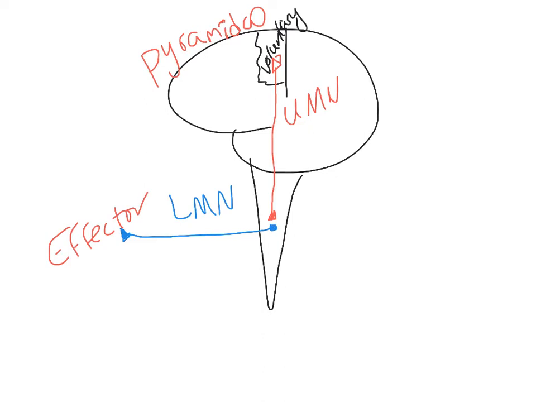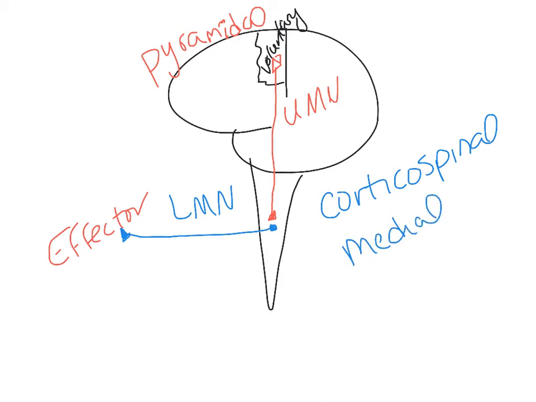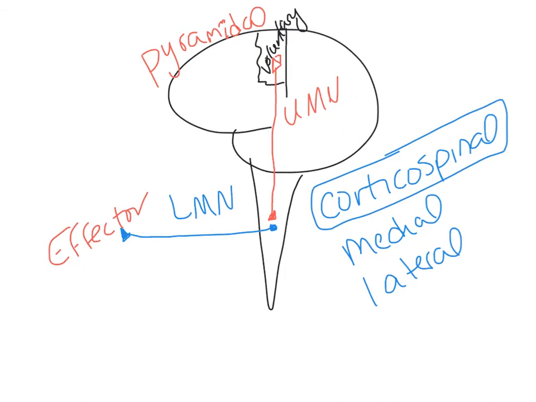There are three somatic motor pathways. We have corticospinal, we have the medial pathway, and we have the lateral pathway. First, let's talk about the corticospinal tract, or the corticospinal pathway.